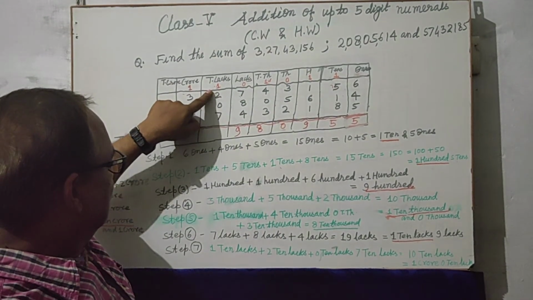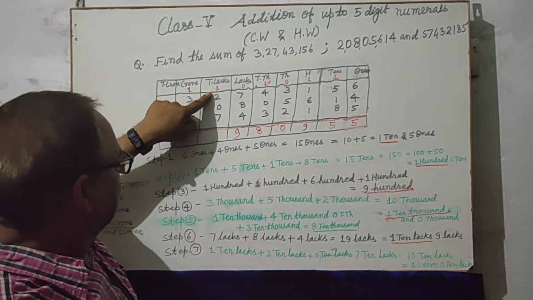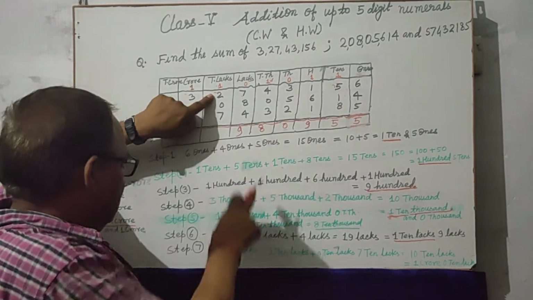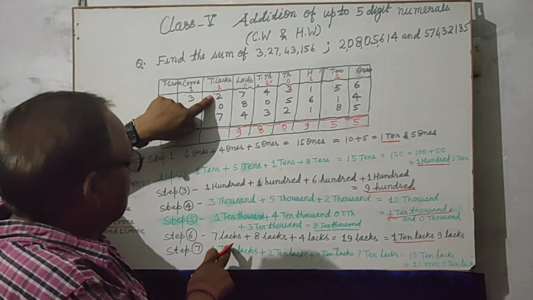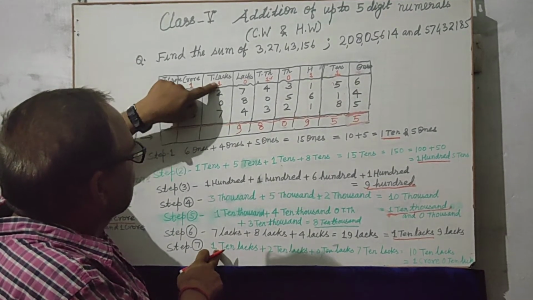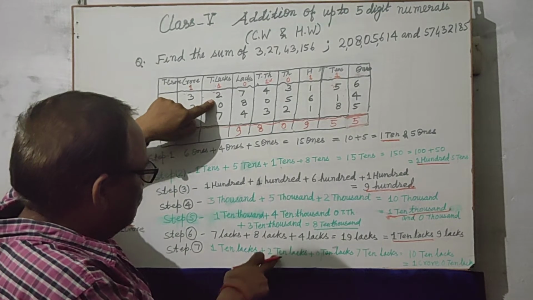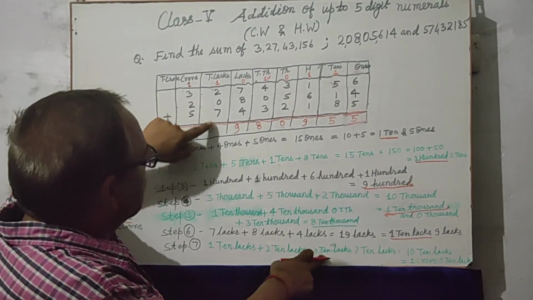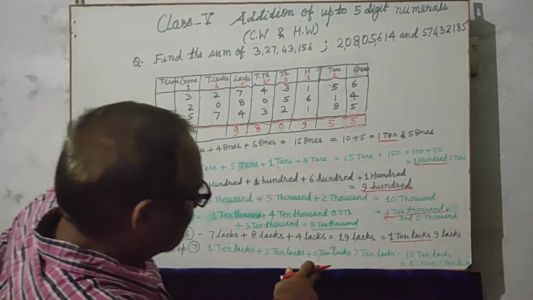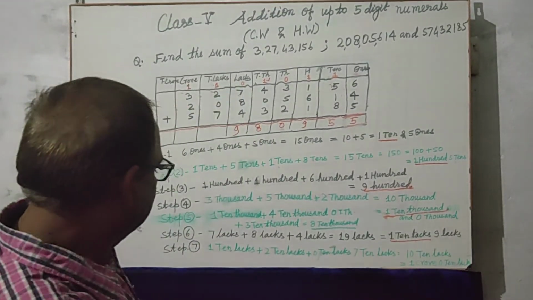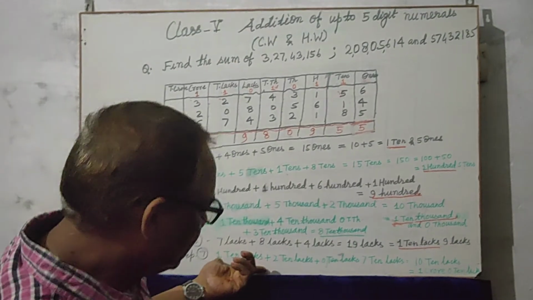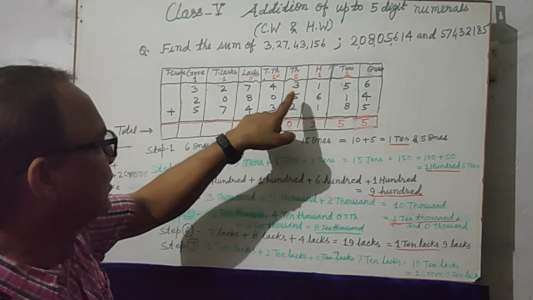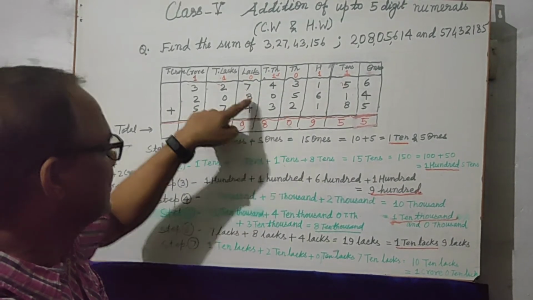Again, your sixth step: 1 ten lakh, 2 ten lakhs, 7 ten lakhs, again 0 ten lakhs.